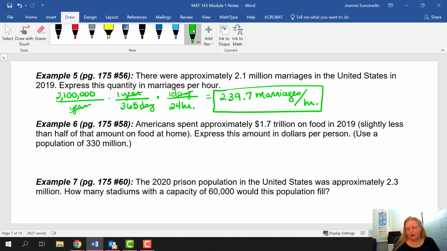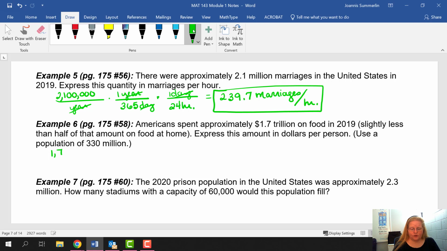Americans spent approximately 1.7 trillion on food in 2019. Express this amount in dollars per person. 1.7 trillion. So it starts out as 1.7.